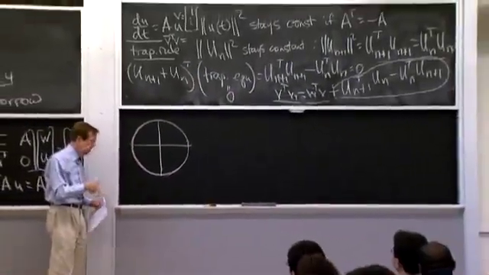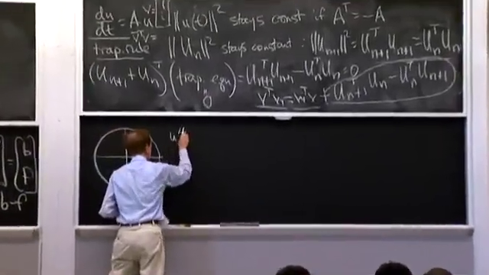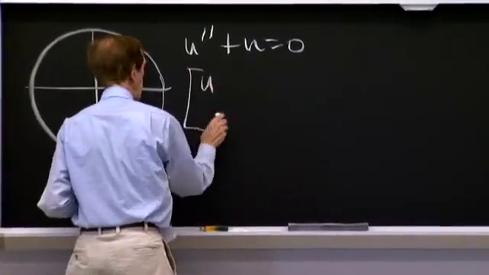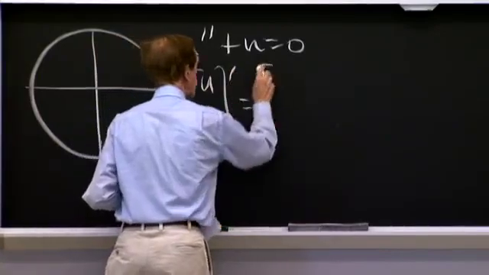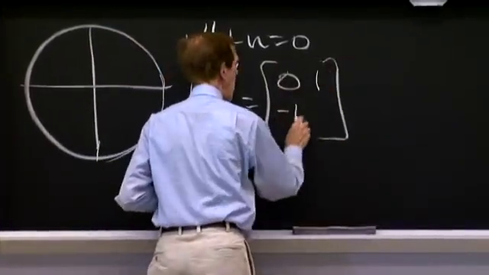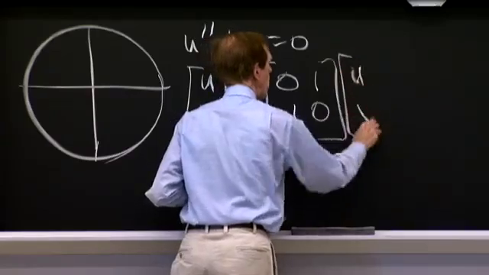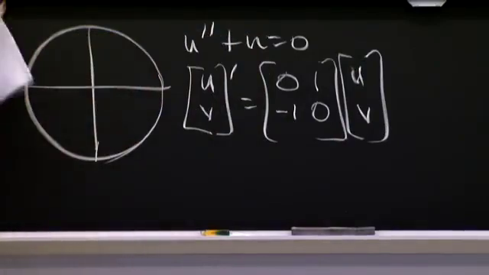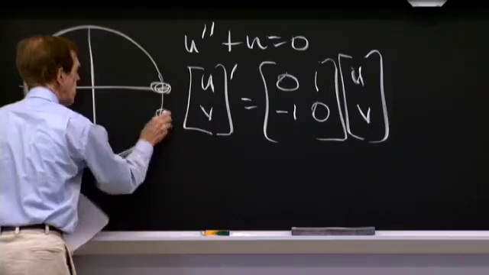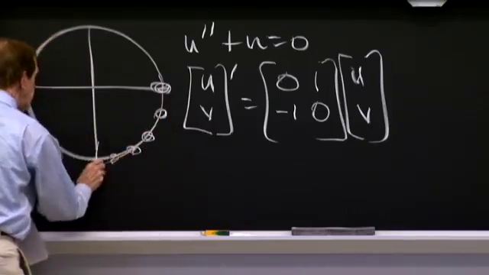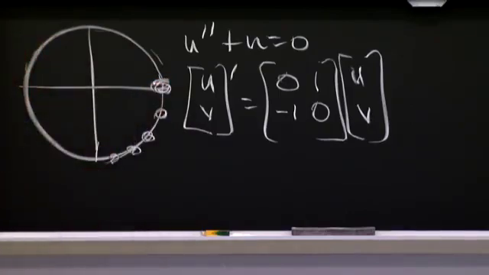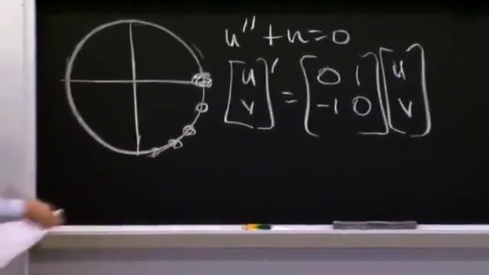The point of the trapezoidal method for this simple equation, u double prime plus u equals 0, which amounted to the equation u prime equals something, was that our A matrix was anti-symmetric, so it fit perfectly in that problem, and if we start on this circle, we stay on this circle. And if I take 32 steps, I come back pretty closely to here, and I just thought it might be fun to figure out numerically, with MATLAB or a calculator or something.